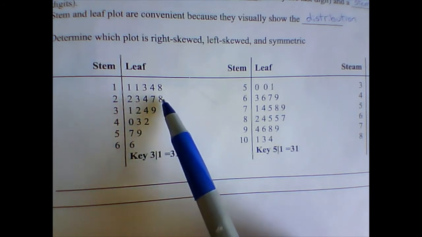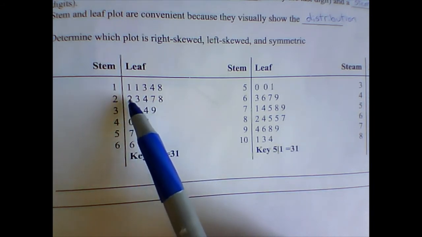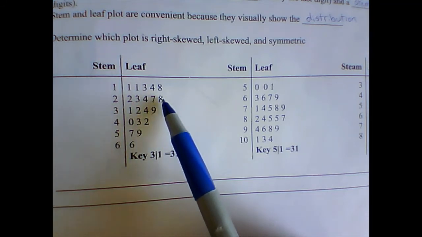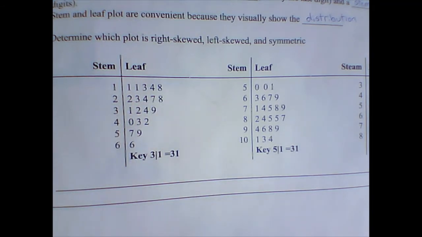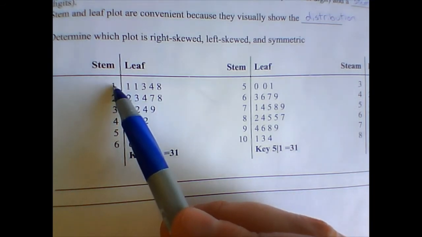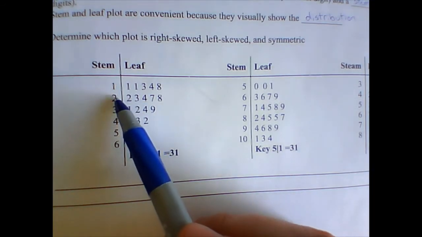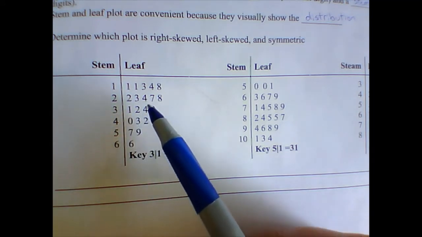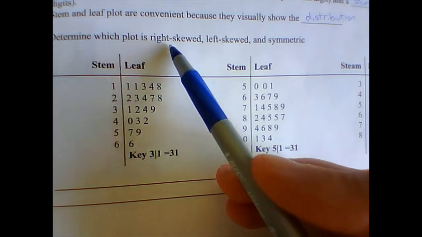Okay, and the leaf numbers are the single digits. So you have 22, 23, 24, 27, 28. So everybody who lines up with the 2 stem, those are the 20s. So it works like bins on a histogram. You have 10s, 20s, here are the 30s, here are the 40s, there's 50s and 60s.